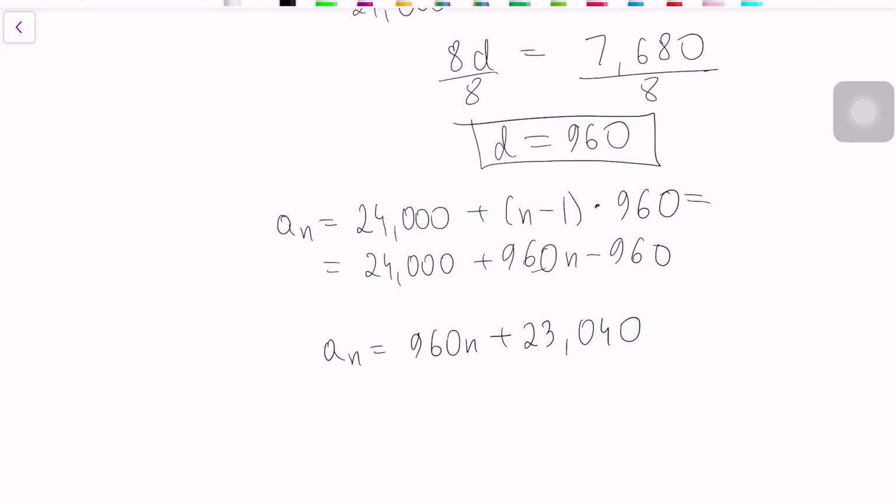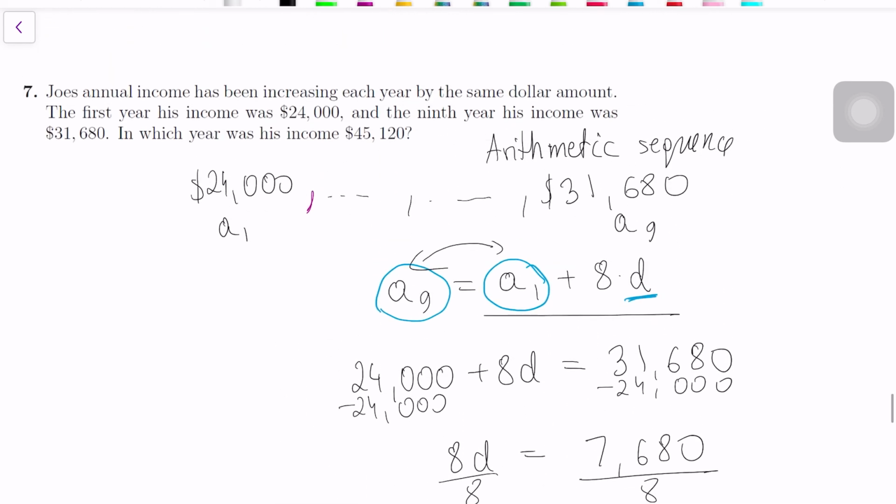Because I want to figure out in which year his income was this. The first year is A1, the second year's income is A2. So I want to know to what index n this 45,120 corresponds. Of course, one way to do that would be to keep adding 960 until you get to that amount.